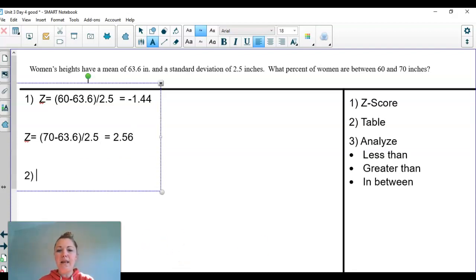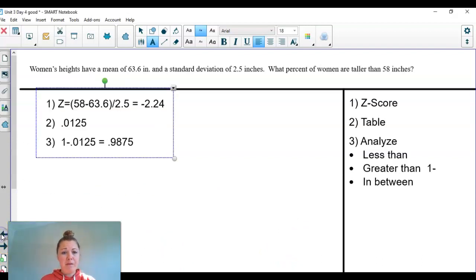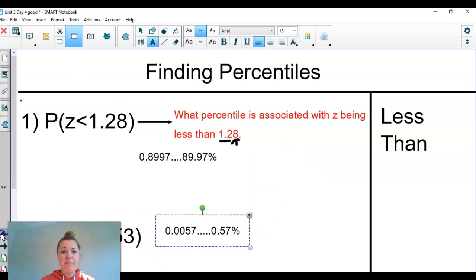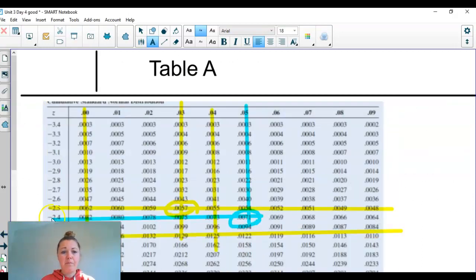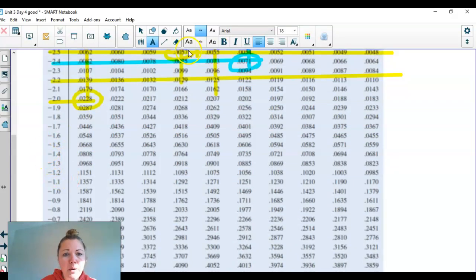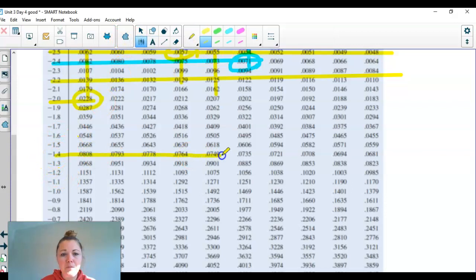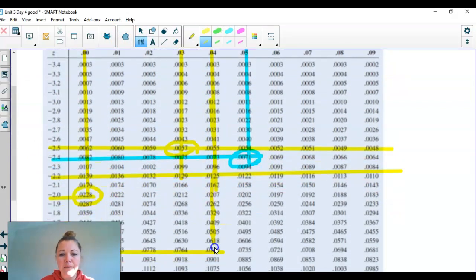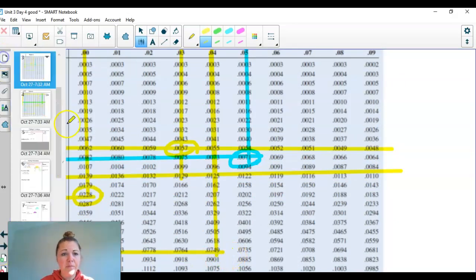Now I'm going to go to the table twice because I have two z-scores. Negative 1.44 was our first one. Negative 1.4 is right here. And 4, I believe, is right here, yeah. So that's 0.0749.